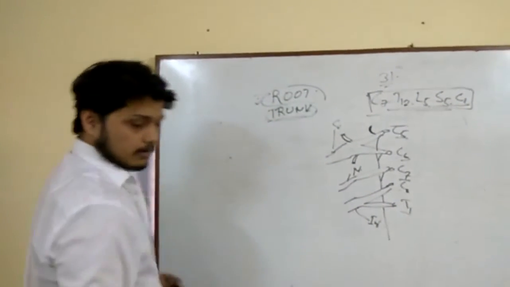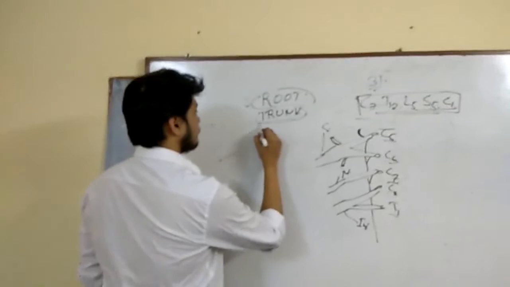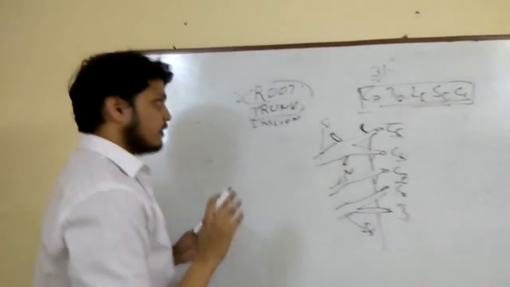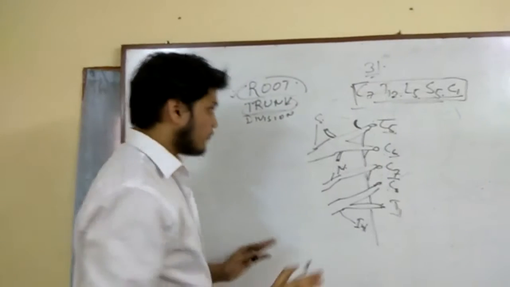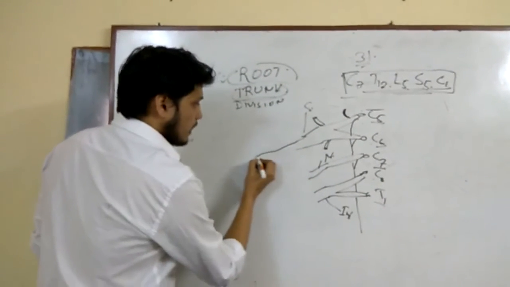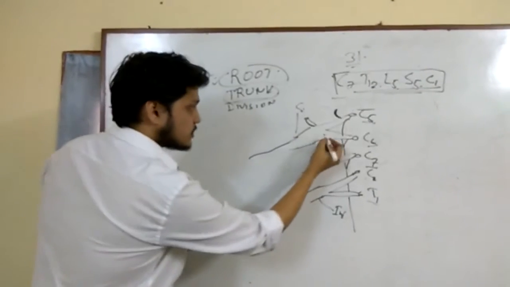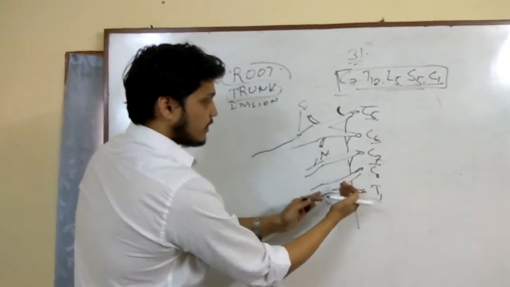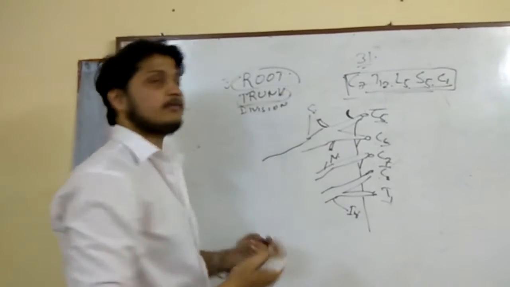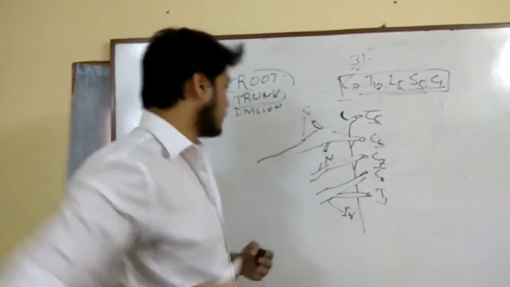So after the trunk we come into the division. Division, first and foremost, there are no nerves coming out from here, so nothing to remember. We just have to remember the superior trunk, middle, inferior trunk. They will give us an anterior and a posterior division. The word anterior means it's in front, posterior means it's at the back.